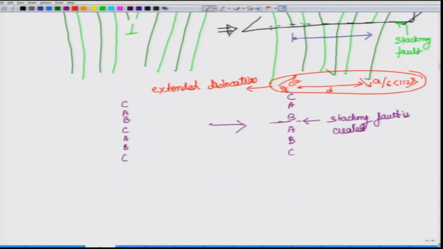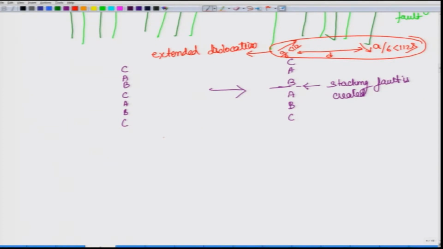So, if the thickness is d, the energy would be proportional to d, while F net would be inversely proportional to d, meaning it will become smaller and smaller as d becomes larger, and therefore, there will be an equilibrium spacing of partials.